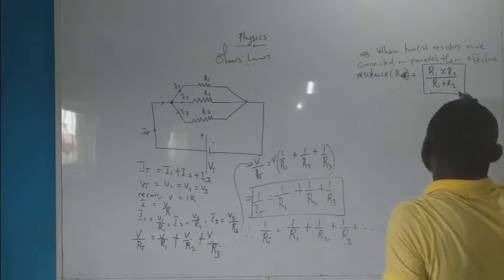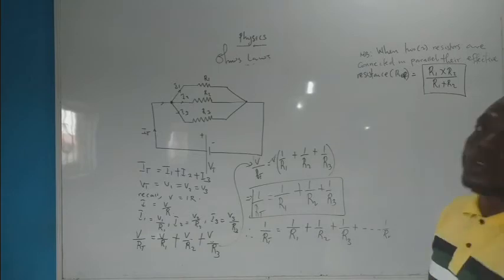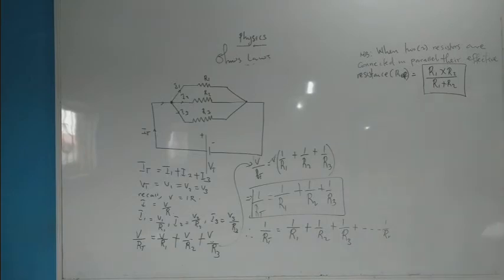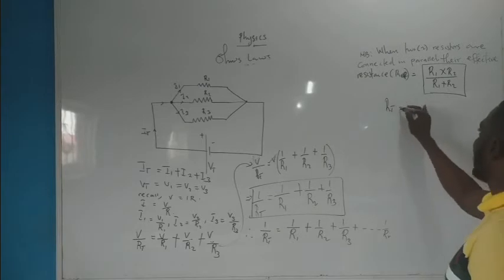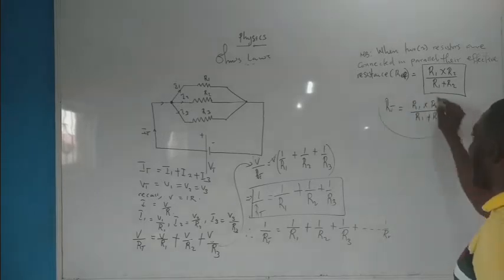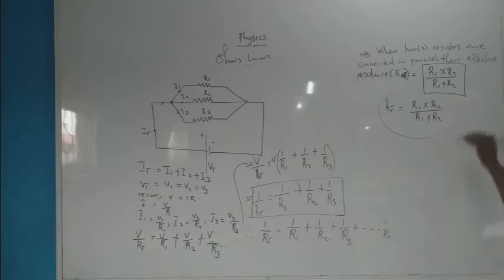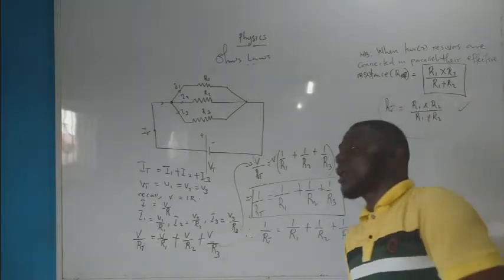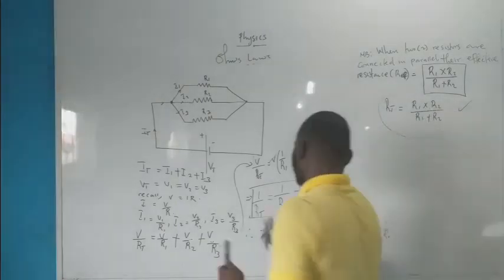When you have 2 resistors, that will give us R total equals R1 times R2 over R1 plus R2. It is still the same as the 1 over formula, you just use it since you are given 2 resistors connected in parallel. Take note.